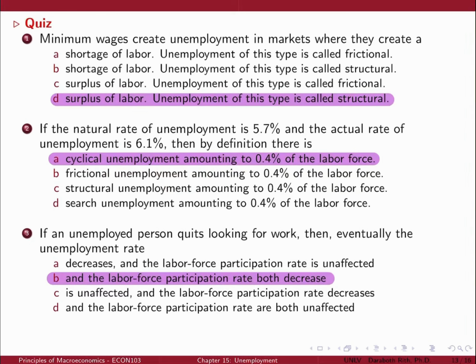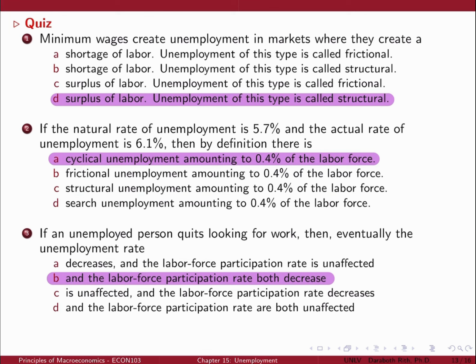Question number 3. If an unemployed person quits looking for work, then eventually the unemployment rate what? The unemployment rate is calculated as the number of unemployed individuals actively seeking work divided by the labor force, expressed as a percentage.